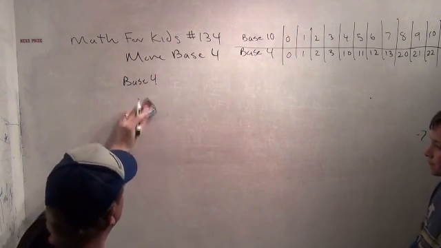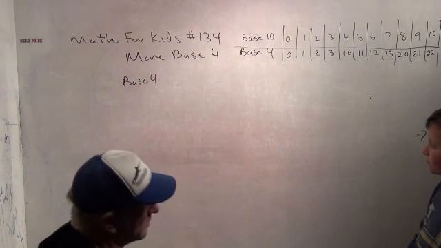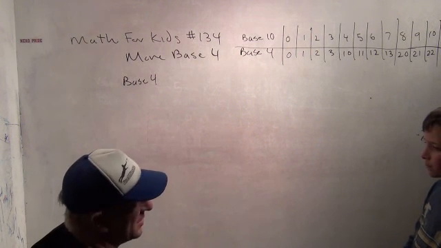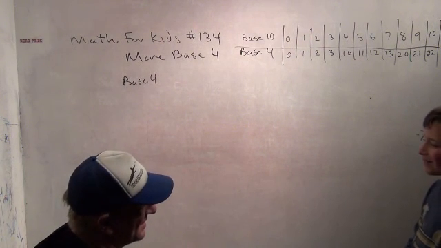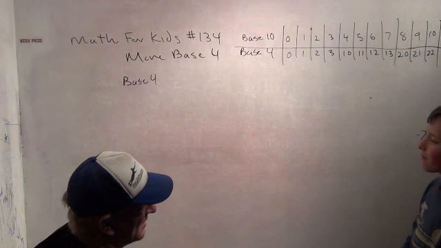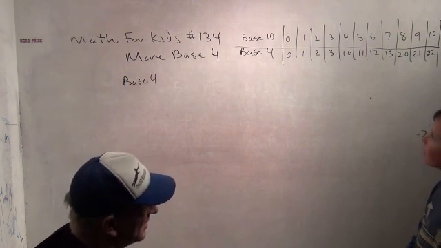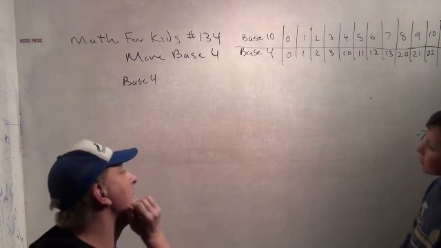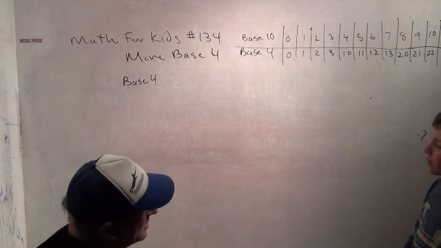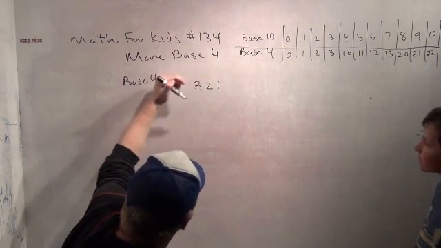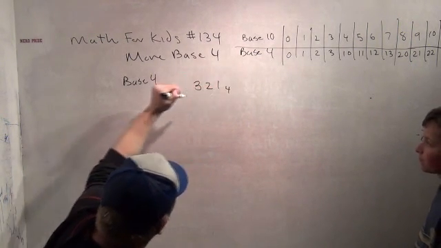So give me a 3-digit number in base 4. Like 235. How about not? How about 351? Base 4, sweetie. 321. 321, okay. 321, remember, this is 321 in base 4.